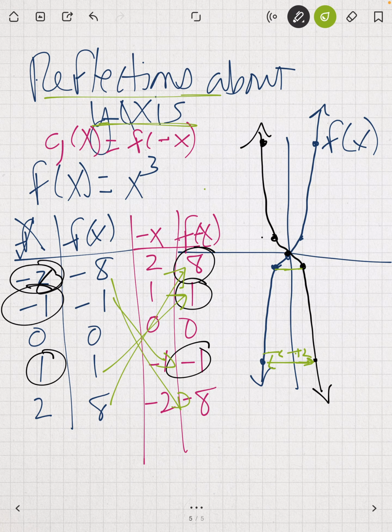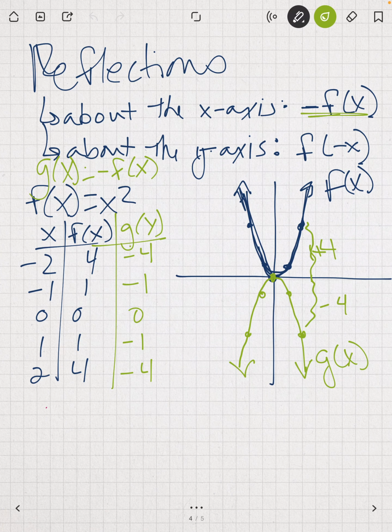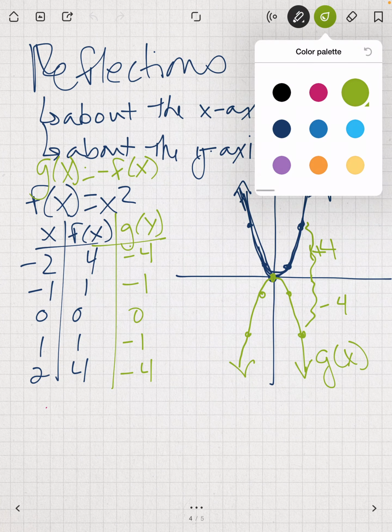And so again, a good place to start, drawing your table. And as you get more comfortable, you'll be able to just proceed from your base graph. You'll be like, that's negative x. And so all I need to do is flip it around the axis. So going back here, why didn't I just stick with this example? Let me pick, I'll use purple.